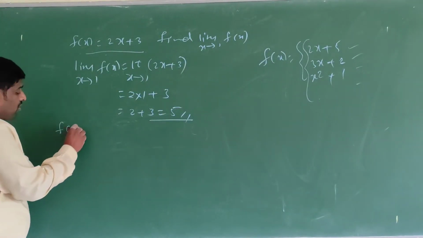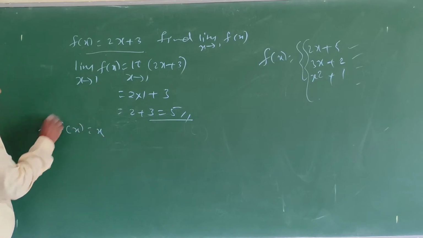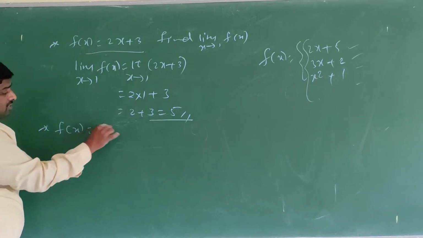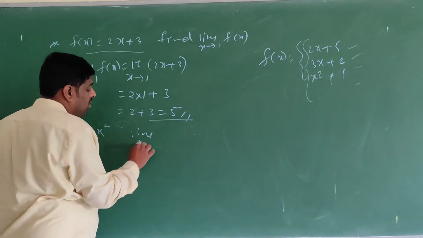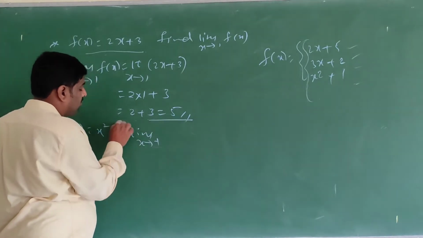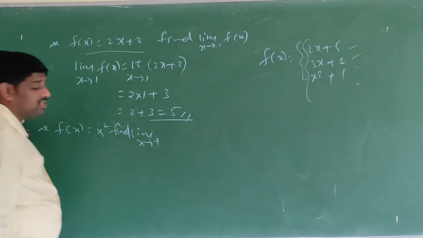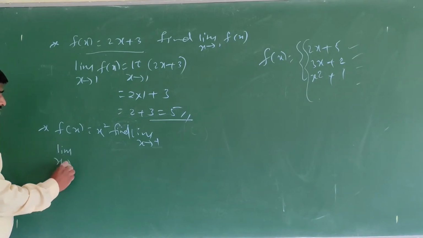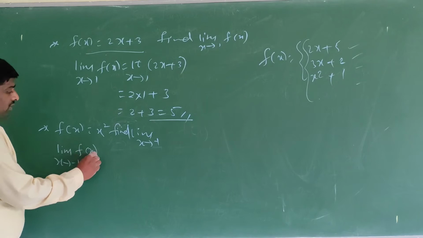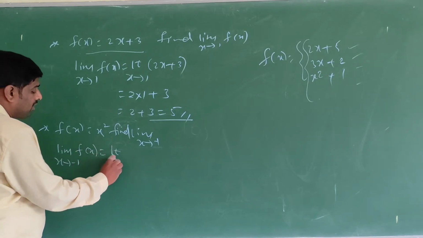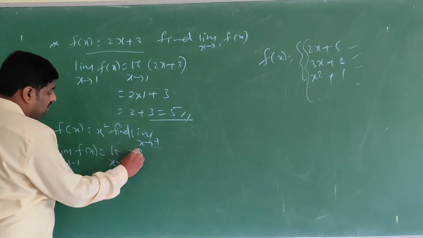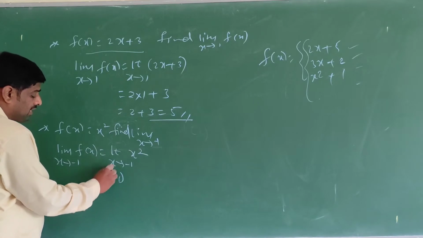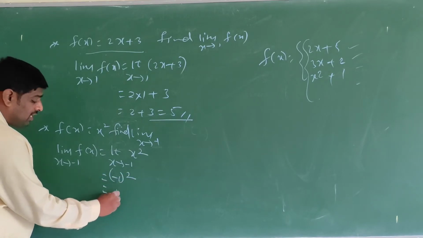Suppose f of x is equal to x square. Find the limit as x tends to minus 1. The limit as x tends to minus 1 of x square is minus 1 whole square, that is 1.